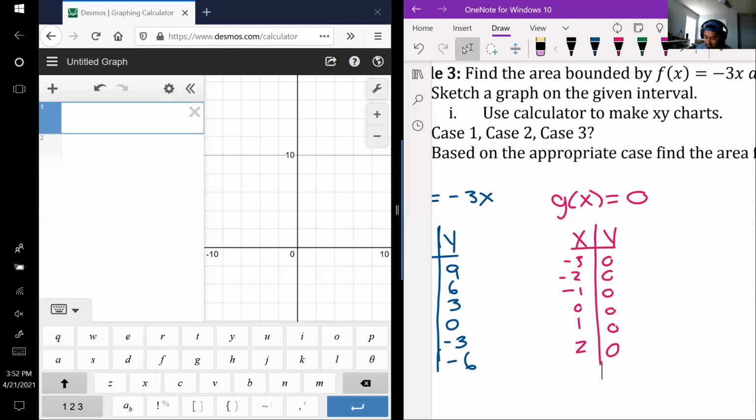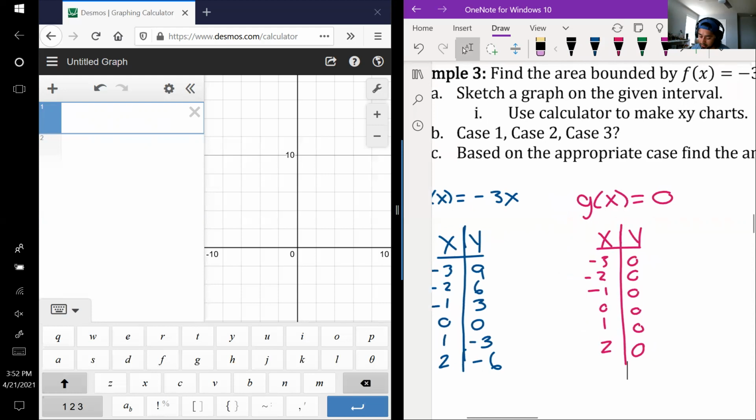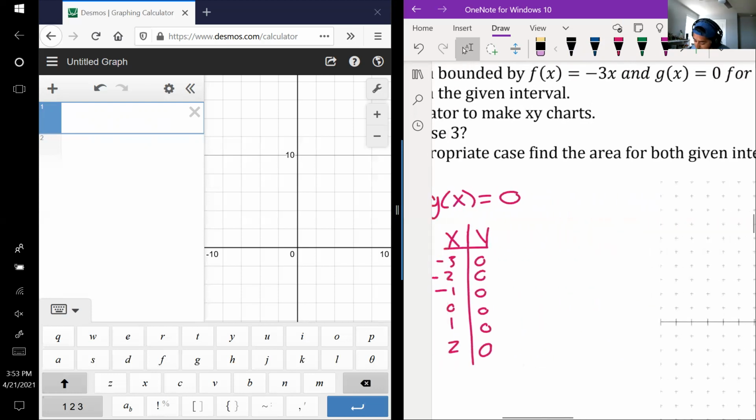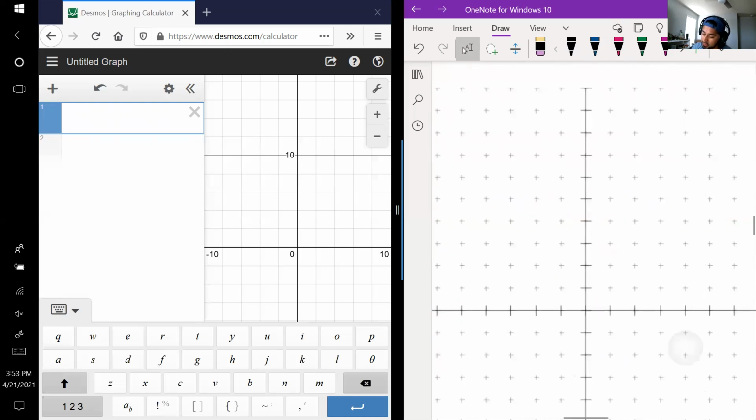Okay. So let's go ahead and plot this. So negative 3, 9. All right, there we go. From negative 3 to 2, so let me make my intervals appropriate. Negative 3, negative 2, negative 1, 0, 1, 2. The highest we go is 9.